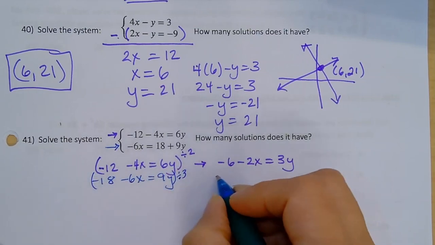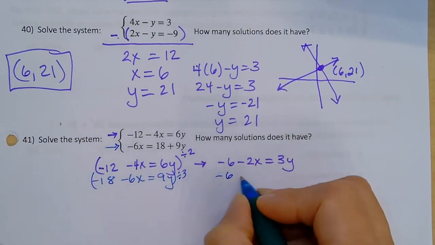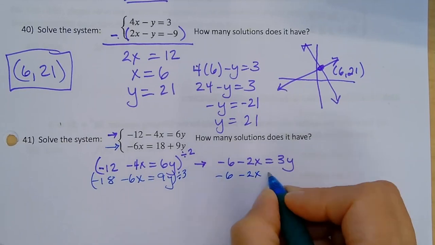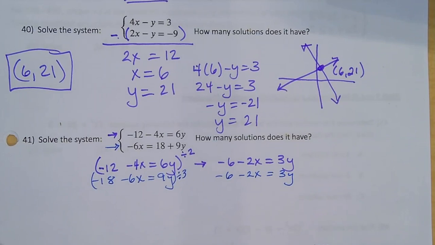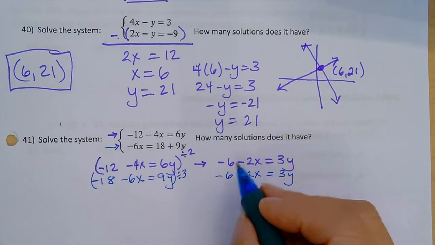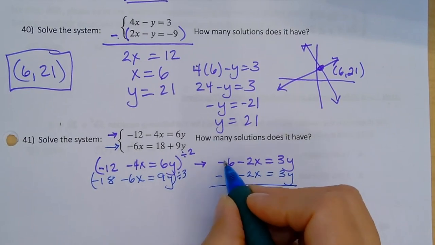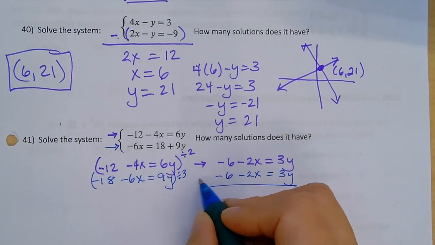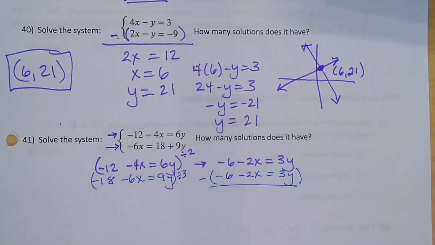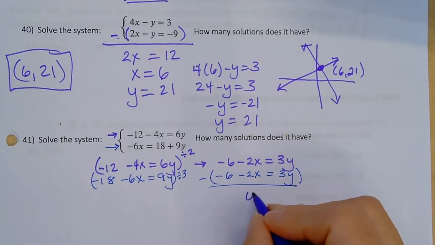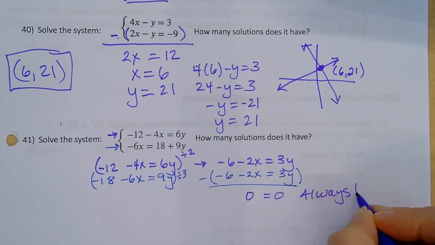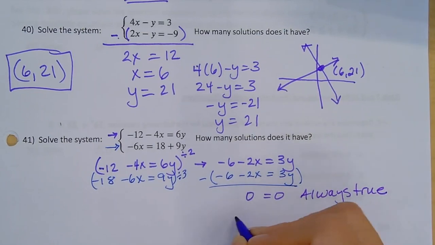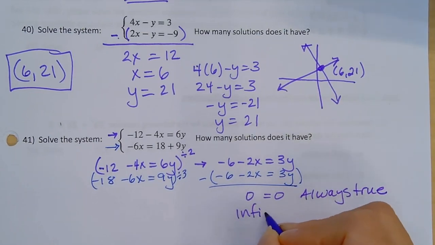And so I'm going to have -6 minus 2x equals 3y. Oh, that's exactly the same thing, right? So I was getting ready to do some elimination. If I subtract the whole bottom equation from the whole top equation, I'm going to end up with 0 equals 0. Always true, right? So we know when we have always true, it's infinite solutions or all real numbers.